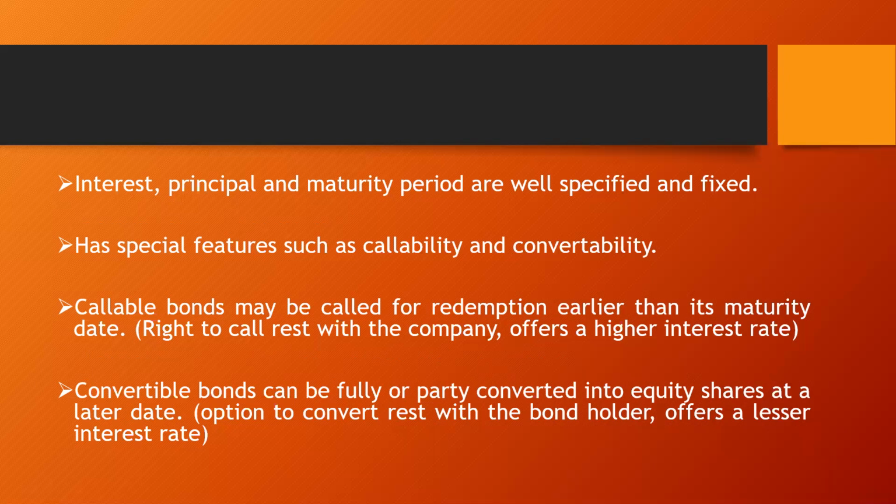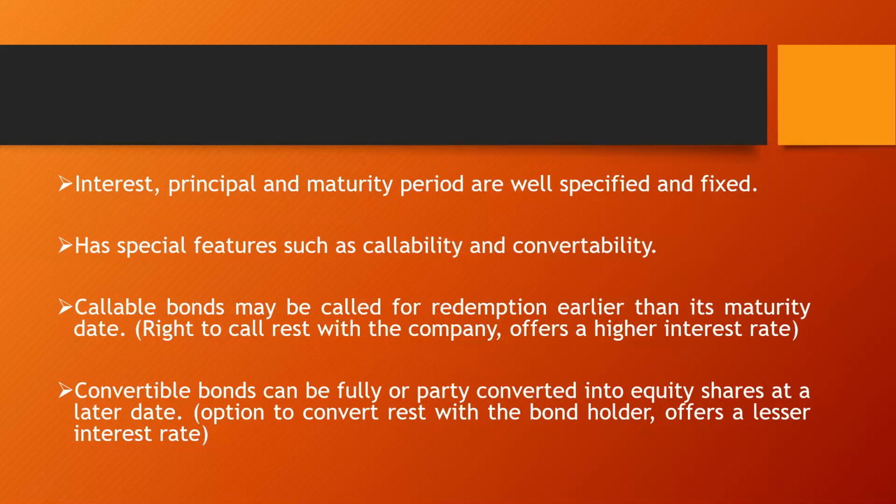Now, some bonds have a callability feature and a convertibility feature. So there are two types of bonds, callable bonds and convertible bonds. What are callable bonds? Callable bonds are the bonds that can be redeemed or paid off before the end of the maturity date.